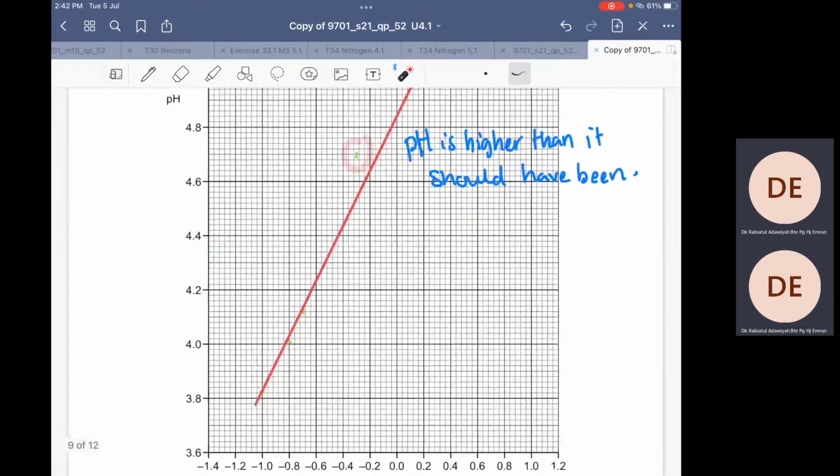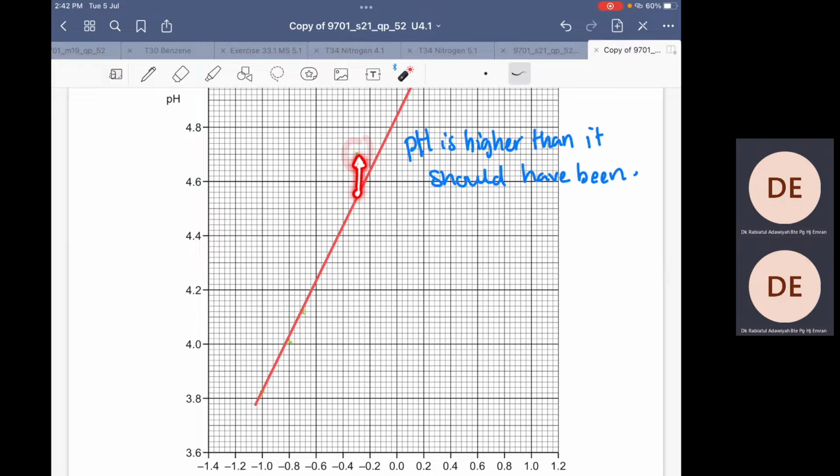If you look at that point, it is somewhere around negative 0.3, right? The pH of negative 0.3 should be down here. That means the pH was overestimated. The pH was higher than it should be.